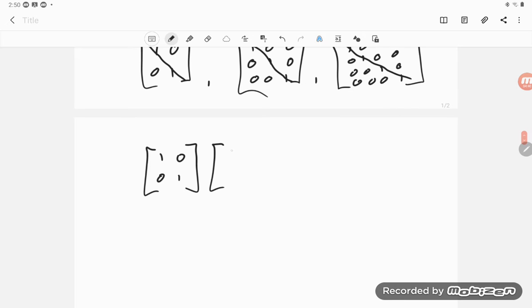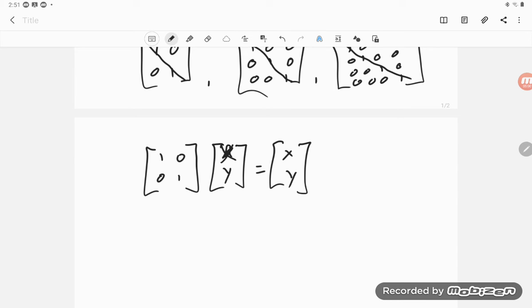So that is an identity matrix, and certainly what we see is if I take something like that and I multiply by, well, we'll just do a vector here, x y. Well, I get x, because 1 times x is x and 0 times y is 0. Add those together, I get x. And then 0 times x plus 1 times y, I get y.